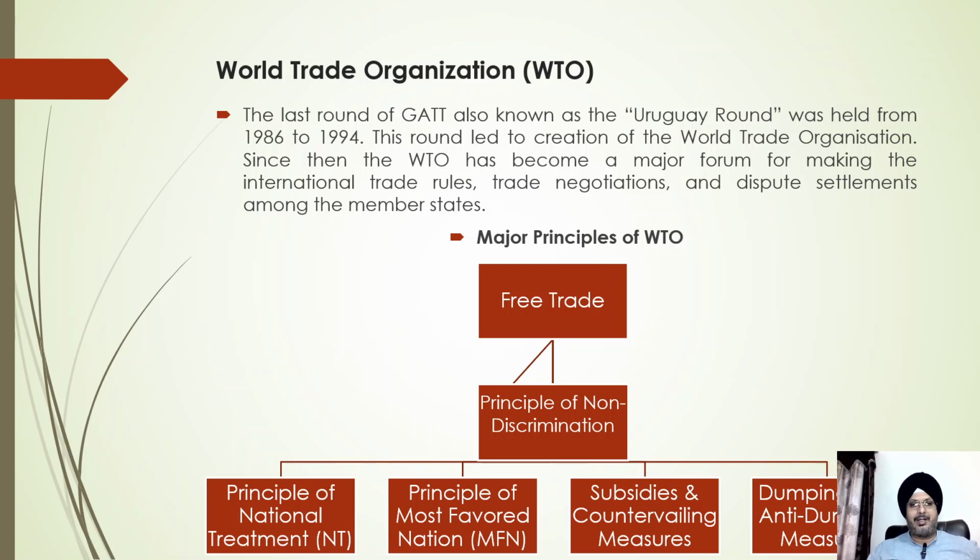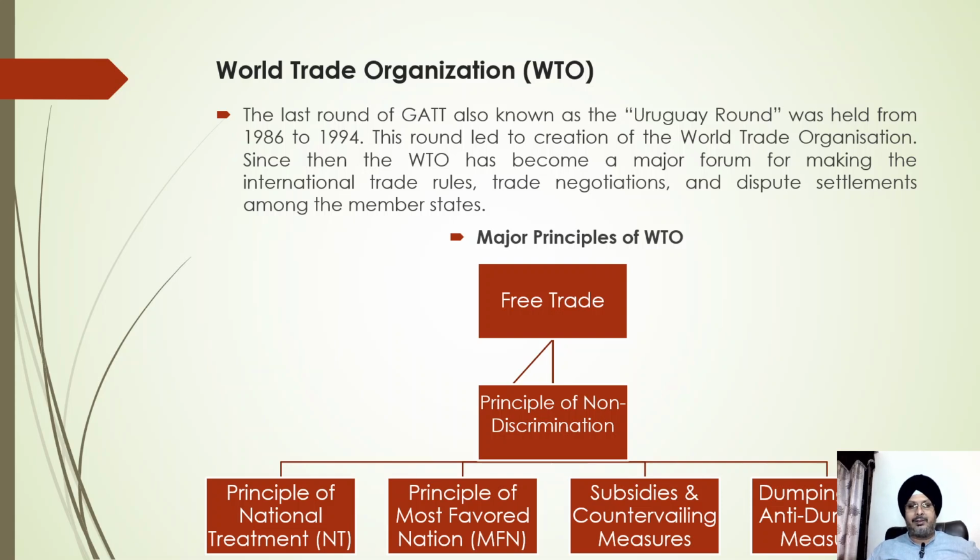It took place from 1986 to 1994. A very long debate and discussion took place in the Uruguay round, and ultimately the World Trade Organization came into existence through this round. This is one of the most important outcomes of the Uruguay round.